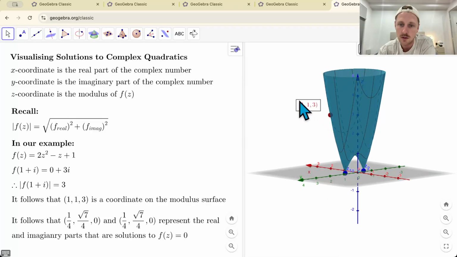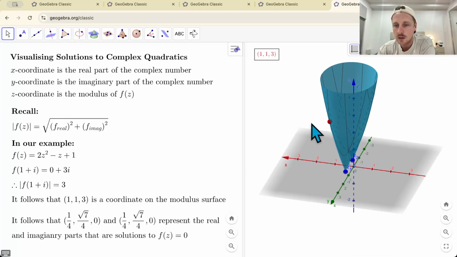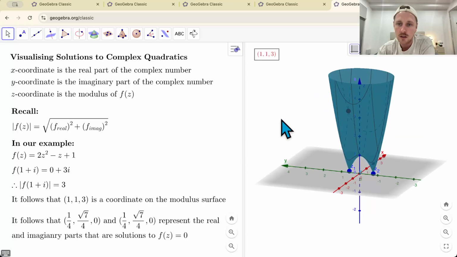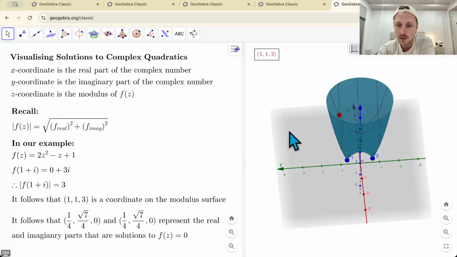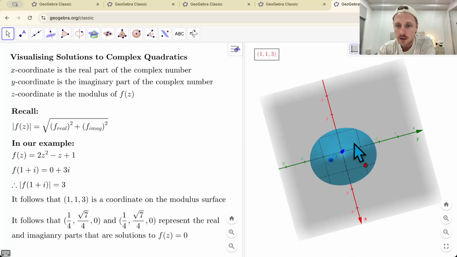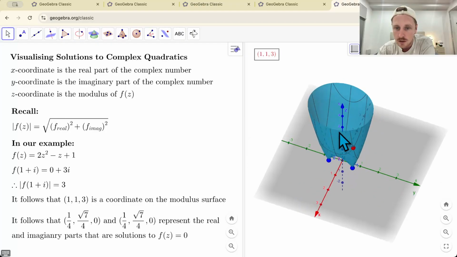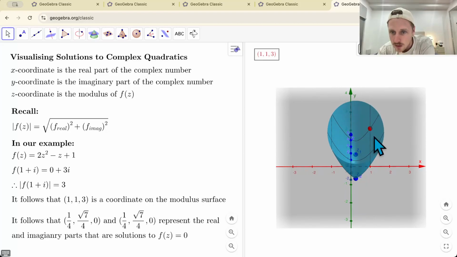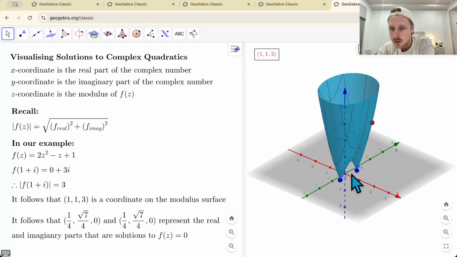Okay, and now if we just move that, because it'll stuff things up, but you can see that this modulus surface, we can call it, just basically maps all those points for all the inputs. Remember, let me just explain. Let me get this the right way around. So we've got positive x here, positive y here.